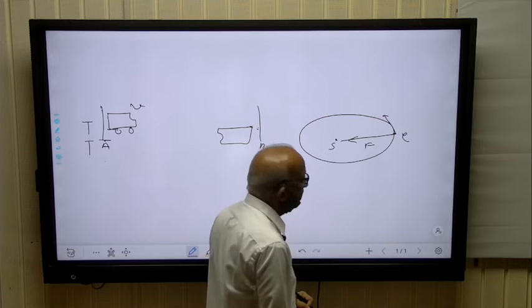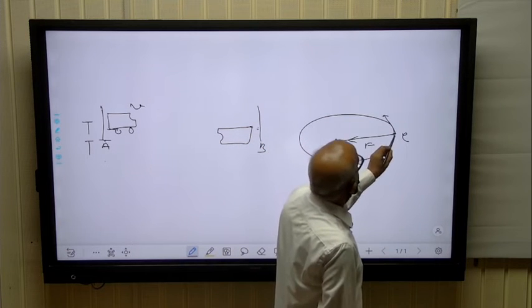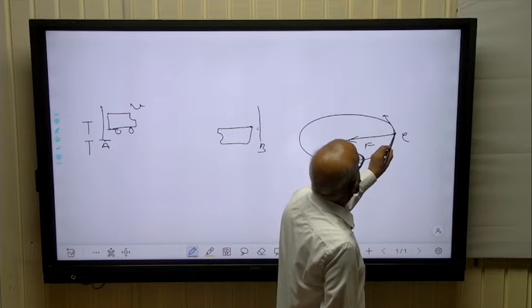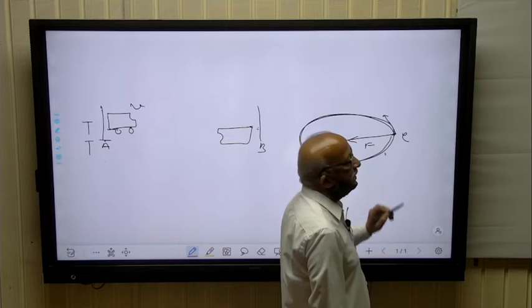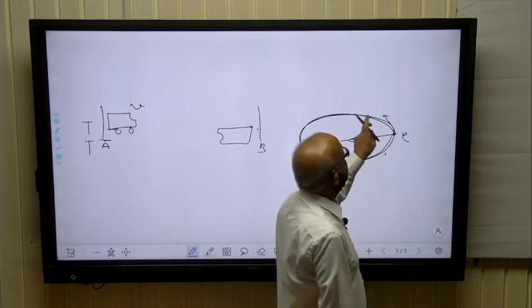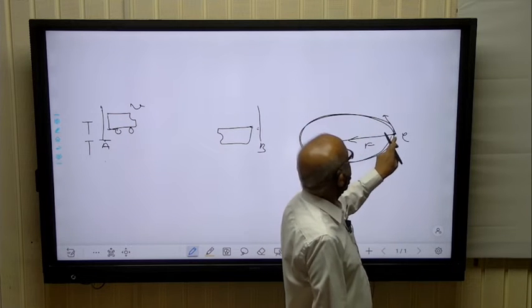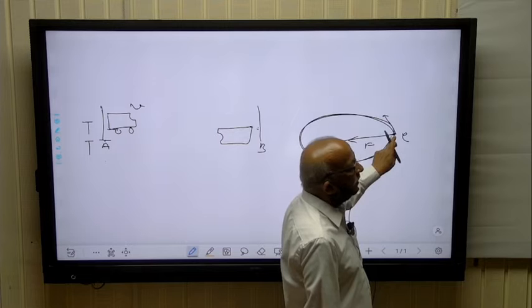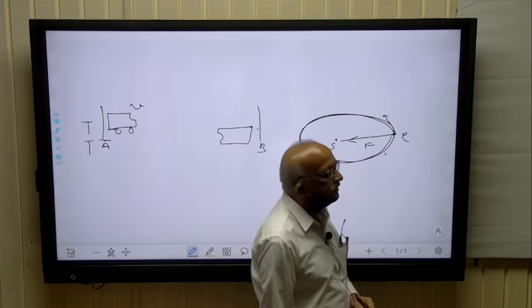Why is it so? Because the earth goes from here to here and again reaches the initial point from a different path. It reaches here and again here. Therefore, it is not simple harmonic.